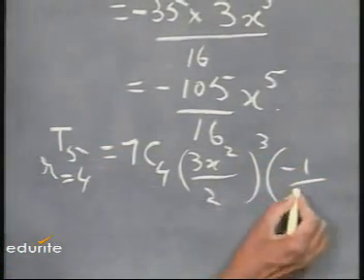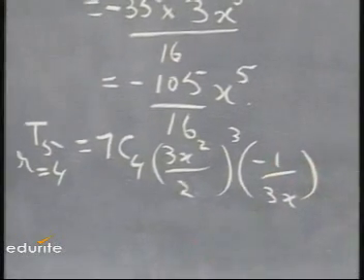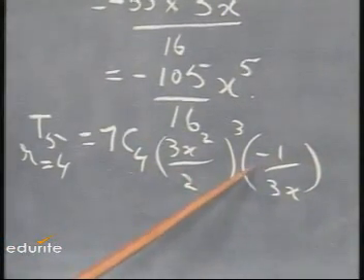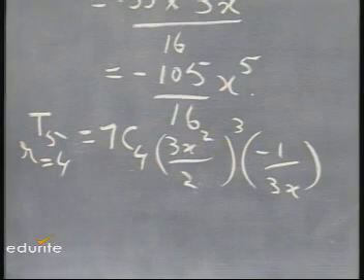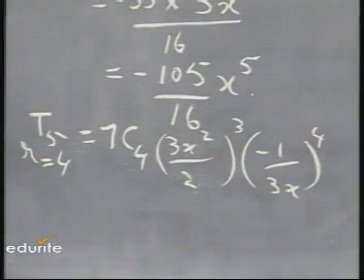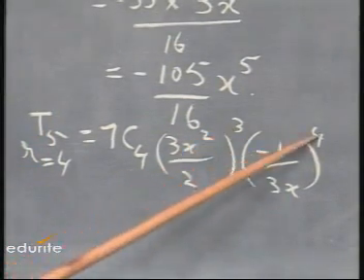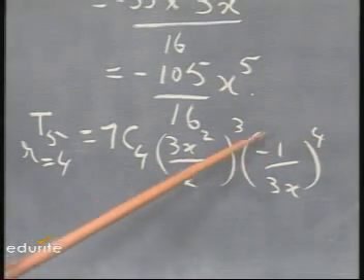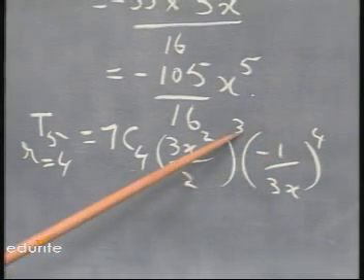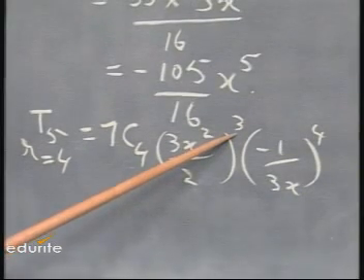Second term is to the power of r, which is 4. Note that in the formula these two always add up, that is 3 plus 4 gives you n. That's another pattern that we can see in the binomial theorem.